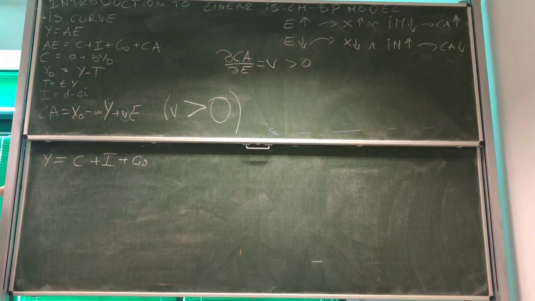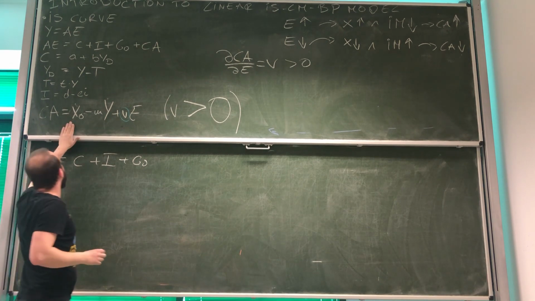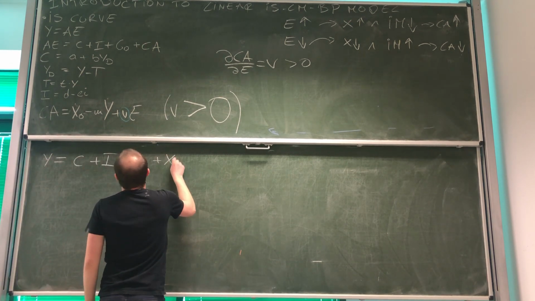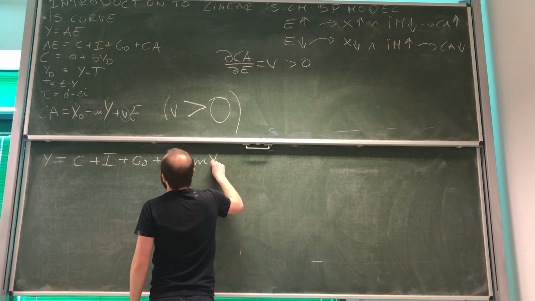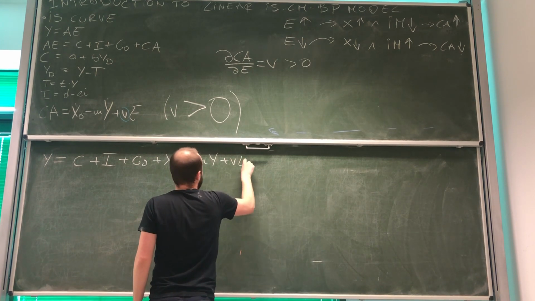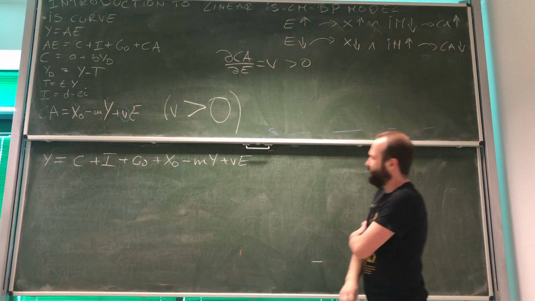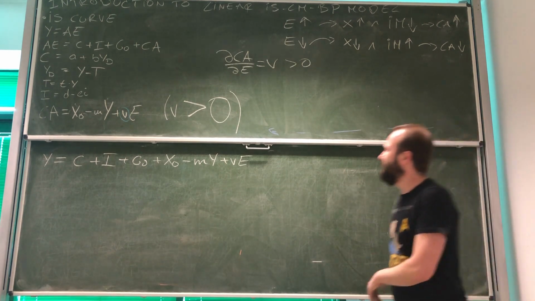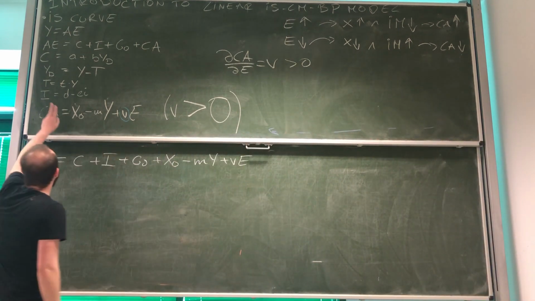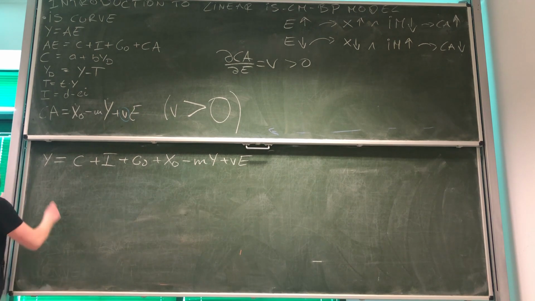Now, instead of CA, I can substitute this. Right? And now, also, instead of C and I, I can substitute.